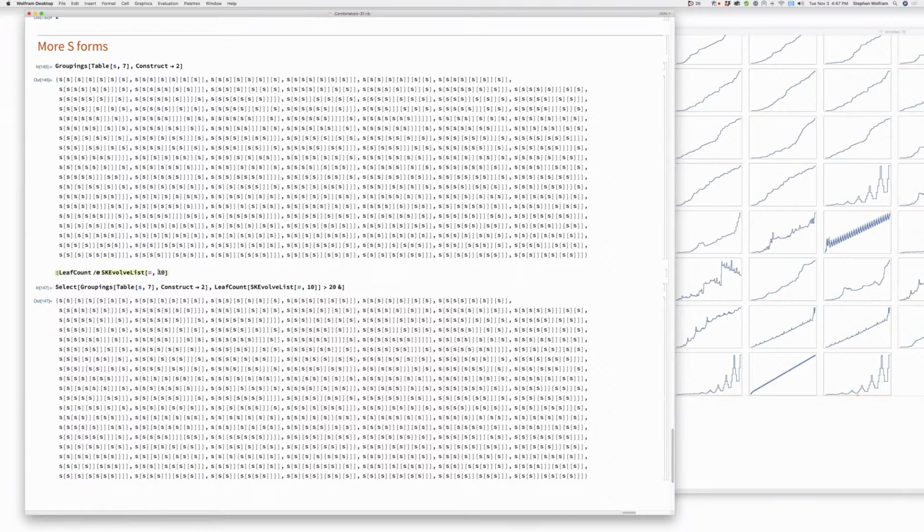Let's go up to, say, 20 steps. And then let's map it over this. And then let's transpose that. And at each step, what's the histogram of leaf counts that have been achieved?